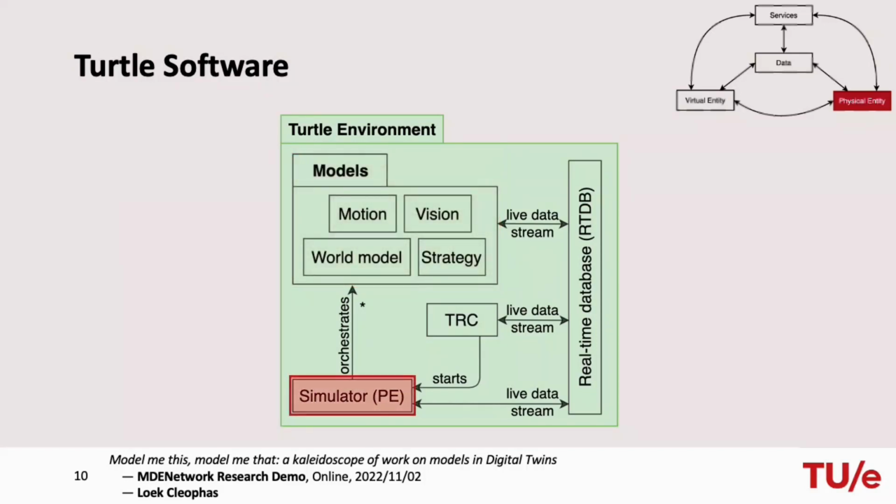We already talked about the simulator and the physical entity. The TRC in here is the Turtle remote control, which is used for controlling and monitoring the robots. I'll say a bit more about that in a moment. And the RTDB, the real-time database, is basically an abstract communication layer that I'll also talk a bit about.